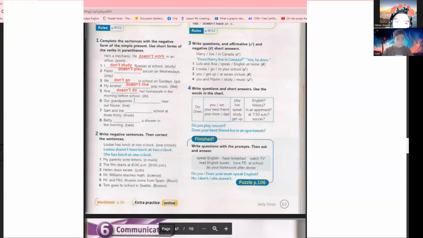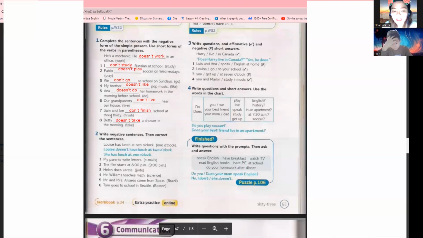Number 6. Our grandparents don't live near our house. Correct. Number 7. Sam and Joe don't finish school at 3:30. Number 8. Betty doesn't take a shower in the morning.